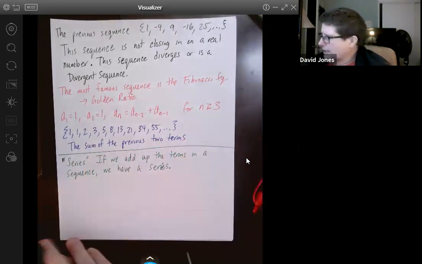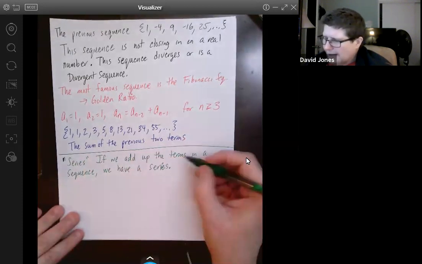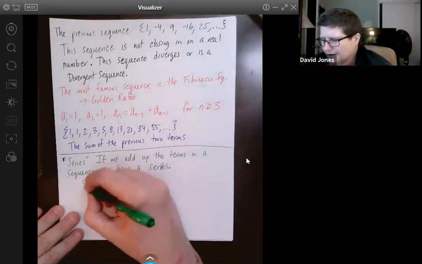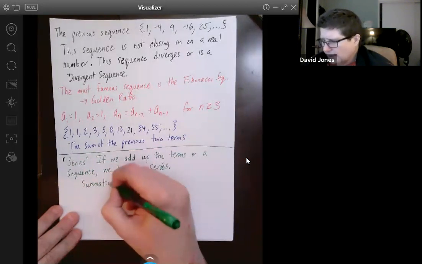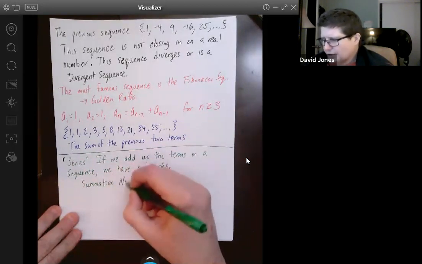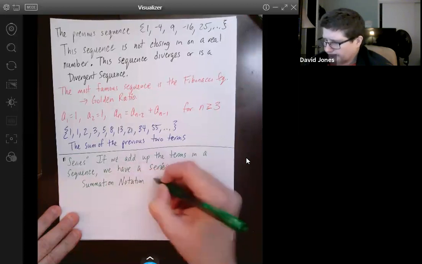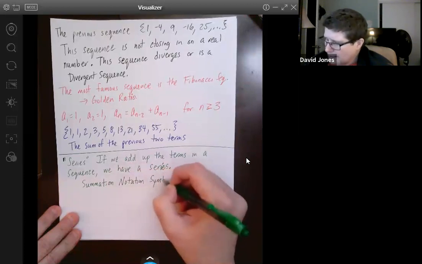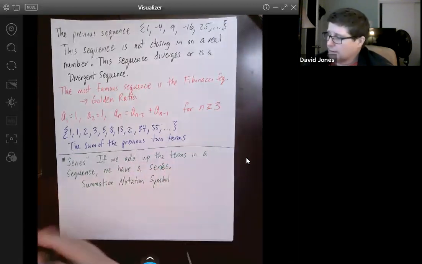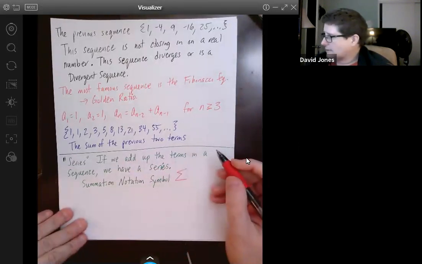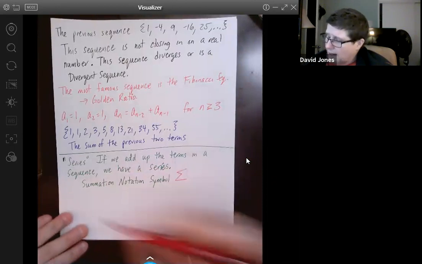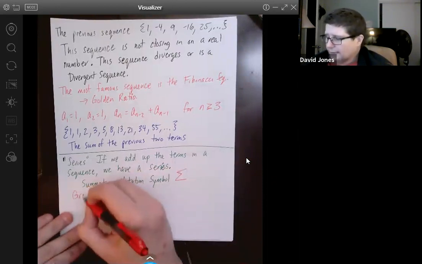I'm going to use adding is sum, so we have a symbol for that. The summation notation symbol, I think I've used it before. It's like a funky capital E. This is the Greek capital letter sigma.